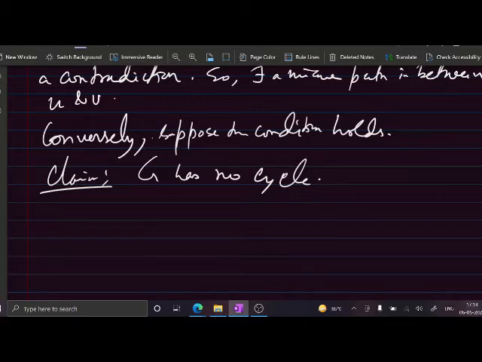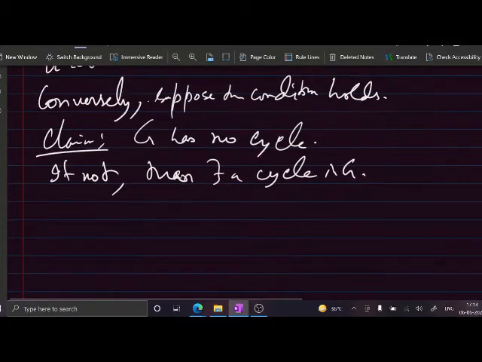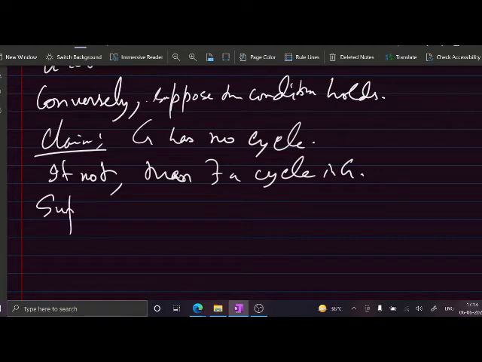Okay, if not, then there exists a cycle in G. Now suppose that u and v are on the cycle.